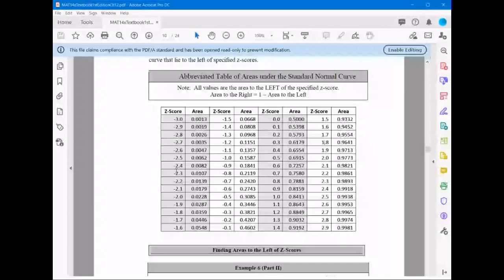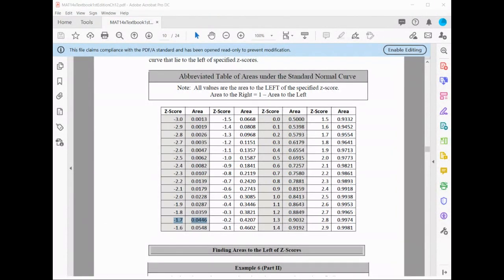If we go to negative 1.7, you can see negative 1.667 is not here, so we round to negative 1.7, and we get this, 0.0446. That's the area to the left, and that's what we're after. Area to the left is the percentage of data values.